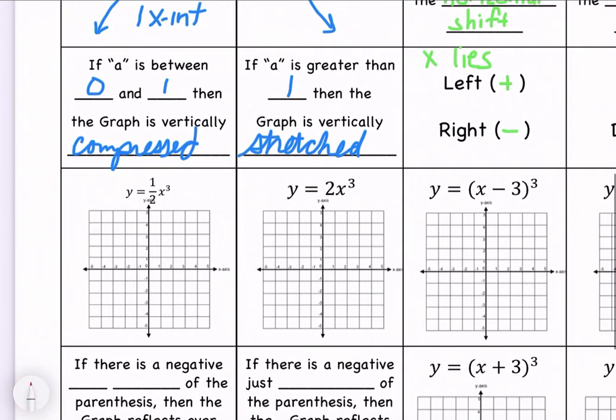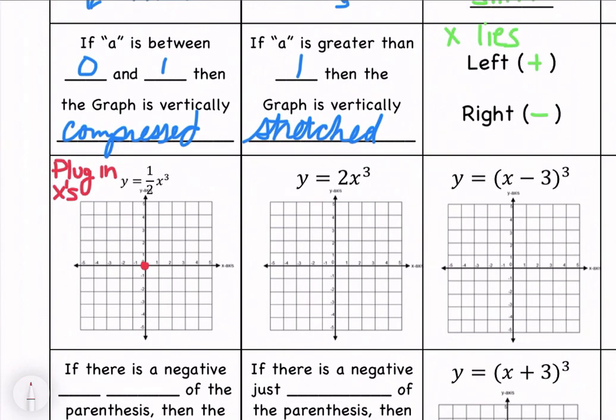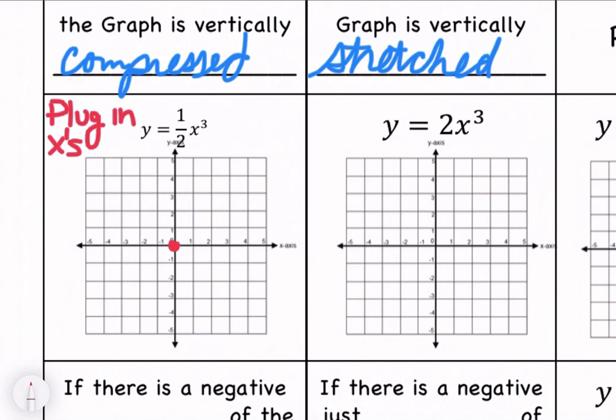We have y equals 1/2 x cubed. We want to plug in x values. When x is 0, y is 0. If x is 1, 1/2 times 1 cubed is just 1/2.